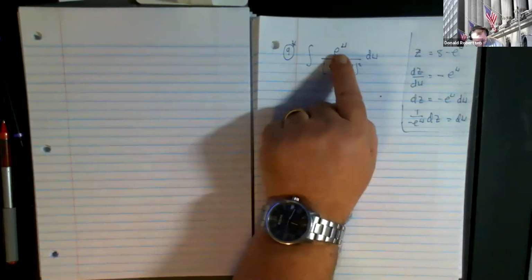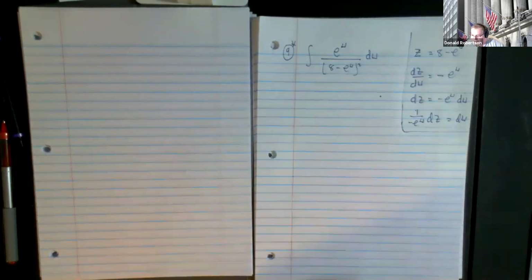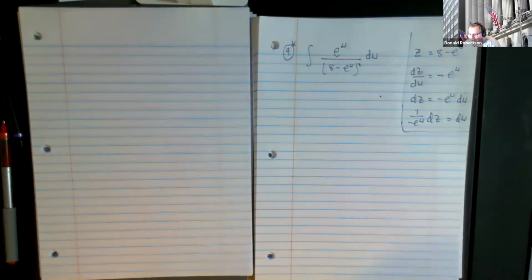That's a little bit awkward because of the letters. Do you know, if I was really confused, couldn't I just do e to the x over 8 minus e to the x squared dx, get the answer, and then just remember that when I'm finished, to not call it x's anymore, and that would cure it.